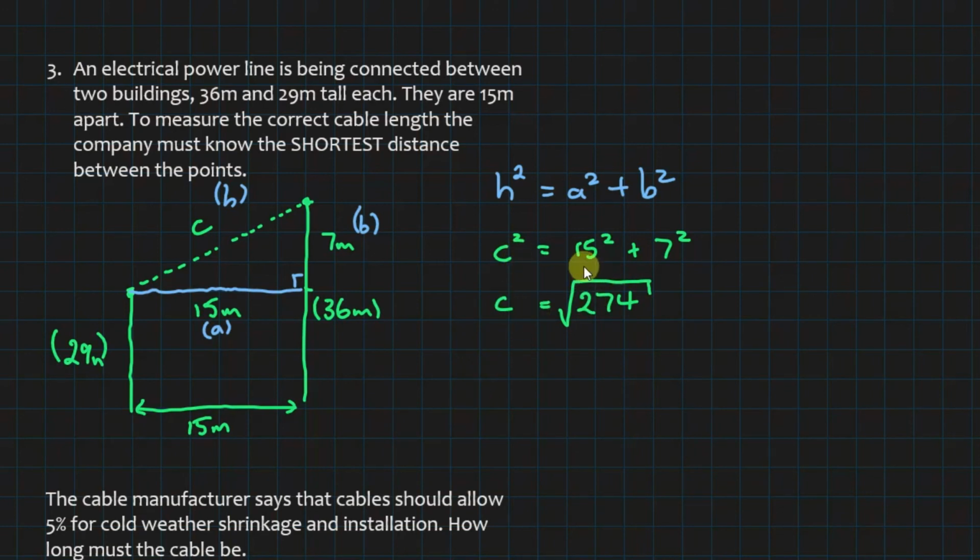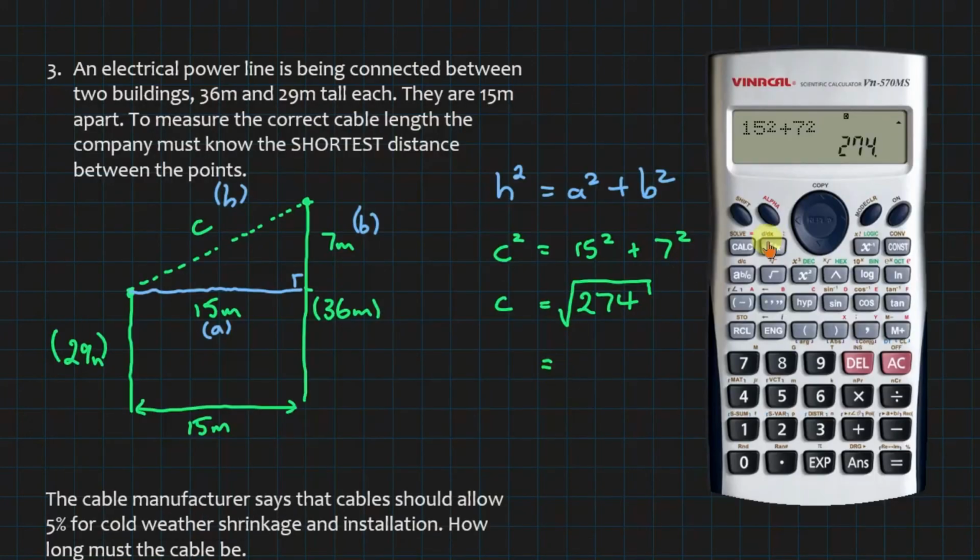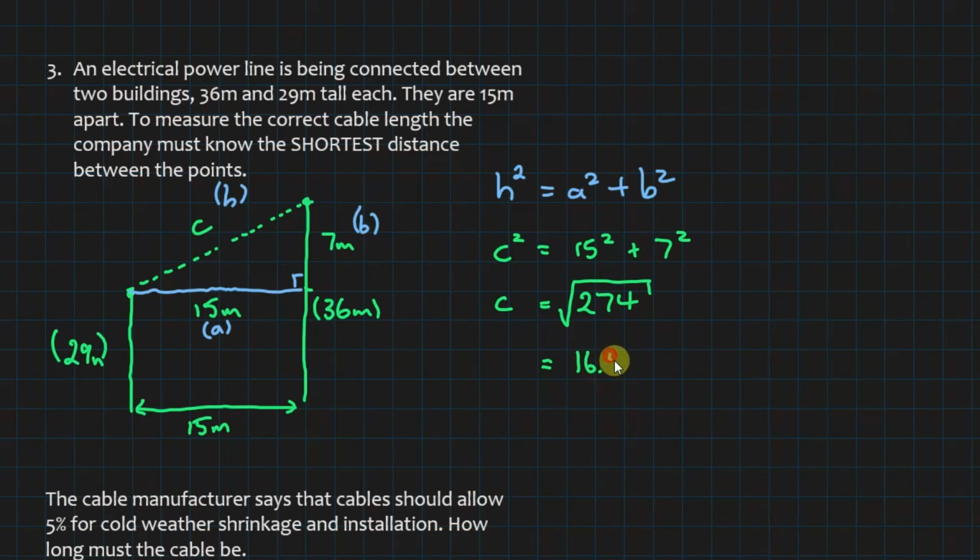So that changes to C, and I want to do the square root of my previous answer. So my C length is the square root of that answer, which is 16.55. Now I would say we need at least the nearest centimetre in this. 16.55 metres.